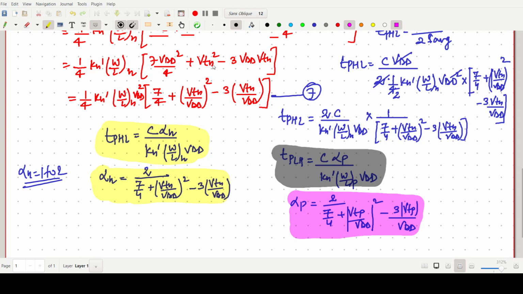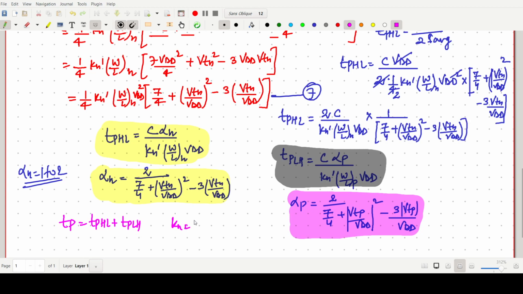Okay, so now for the total propagation delay TP, we have to write TPHL plus TPLH. So this one is also very important. What we have observed is that we can easily equalize them by matching Kn and Kp.